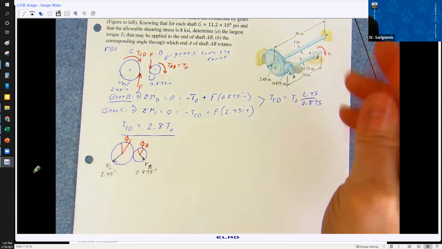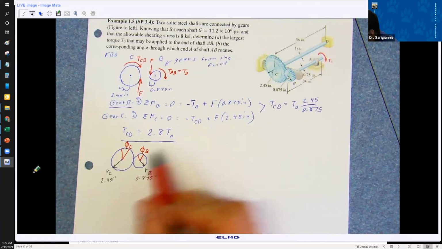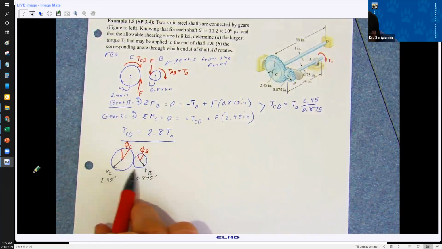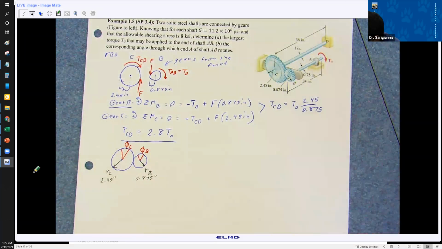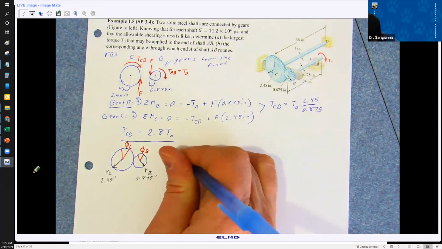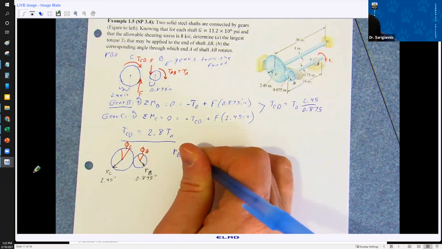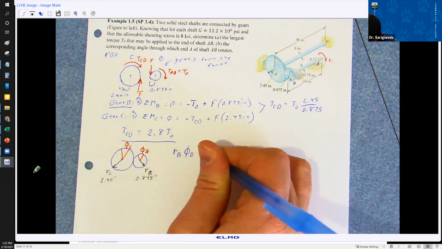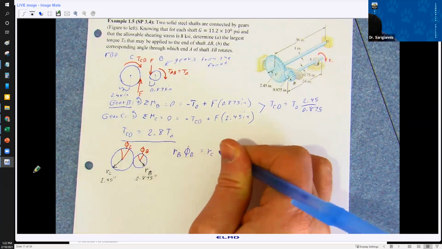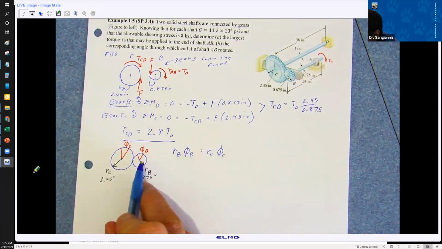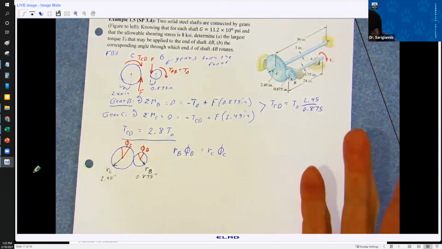You've also got a rotation at B, and these two are coupled. You can't rotate one without the other. So we can write an equation that shows the radius of B times the angle phi B equals RC times phi C. This is just simple angular mechanics.